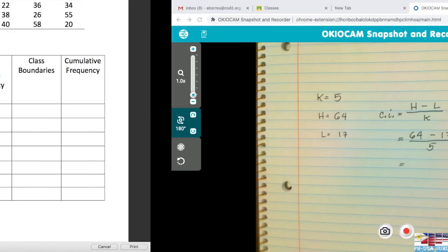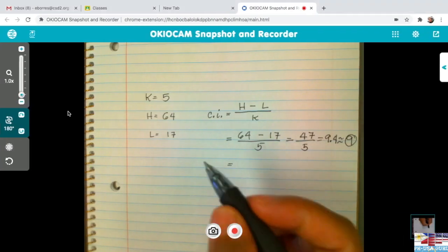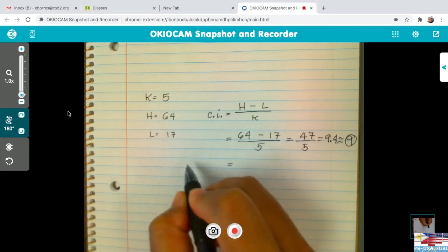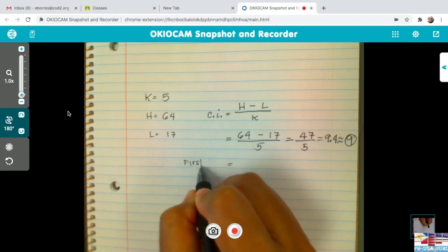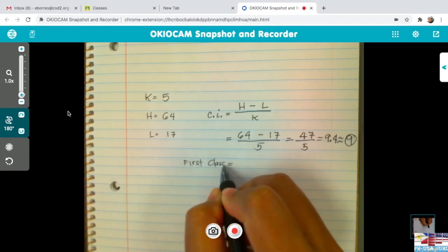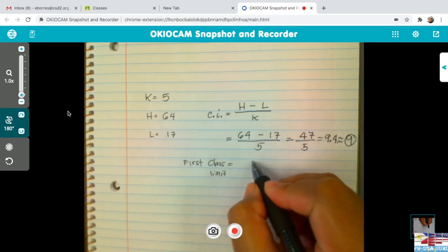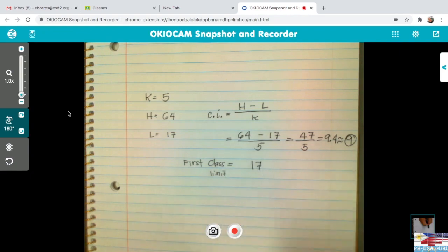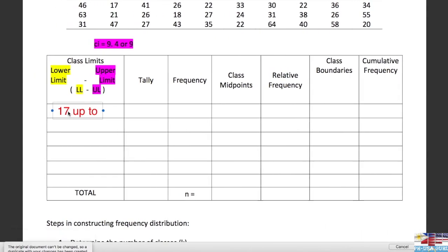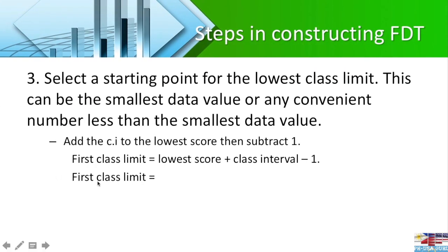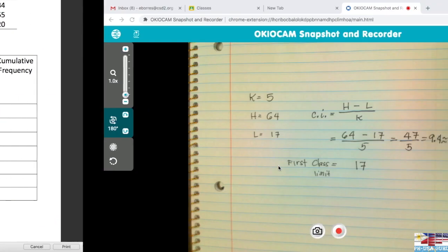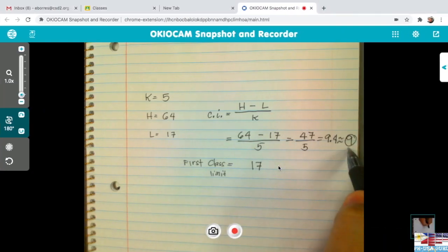Let me show you how to find the first class limit or interval. Our starting point is the lowest age, which is 17. According to the formula, it says lowest score plus the class interval, and the class interval that we got is 9.